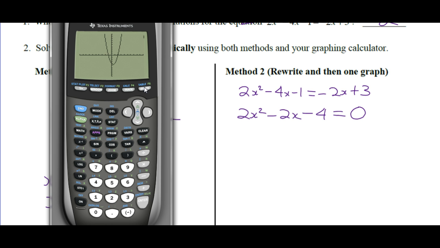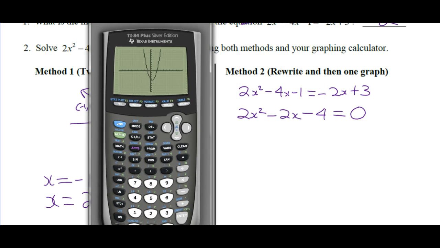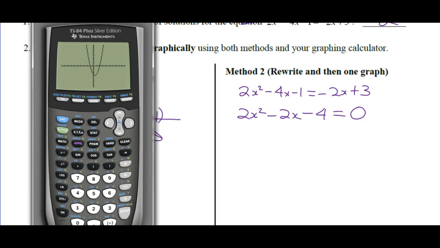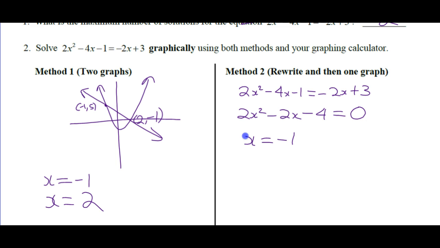Okay, I'm leaving the window the same. Solution should be the same, right? They're hidden under the calculator there, but what are they? We got like -1 and 2. Our solutions, yeah, -1 and 2. So x equals -1.